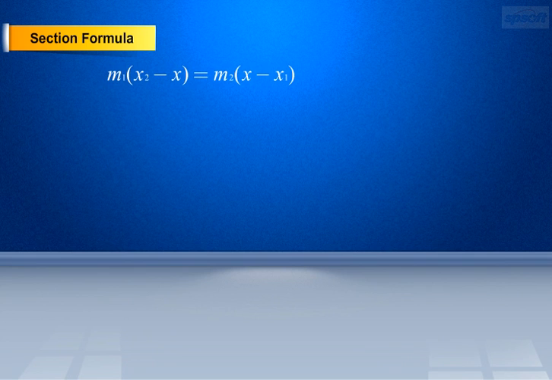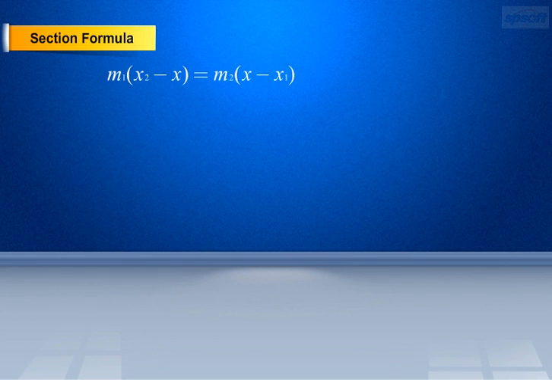If the ratio in which P divides AB is k to 1, then the coordinates of the point P will be ((kx2 plus x1) divided by (k plus 1), (ky2 plus y1) divided by (k plus 1)).